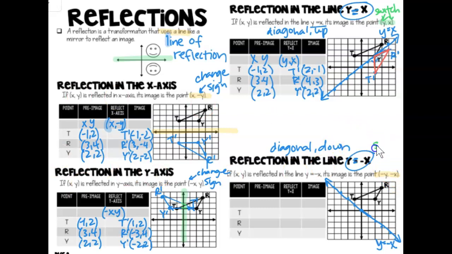I am going to change the position and the sign of both of the variables. I'm changing the position and the sign.